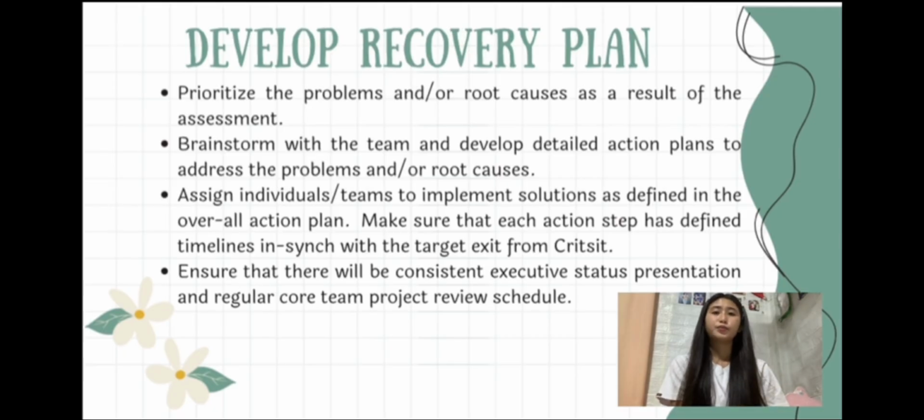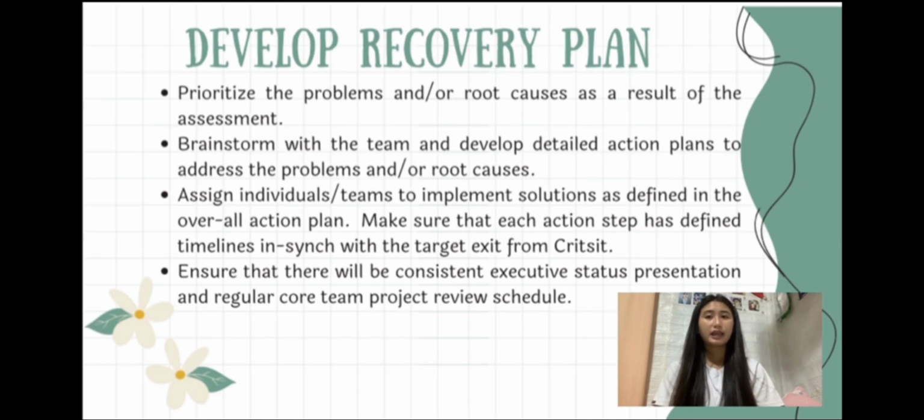Under the develop recovery plan, it is a critical step in resolving a crisis effectively and restoring operational stability. It begins with prioritizing the identified problems and root causes based on their impact and urgency.